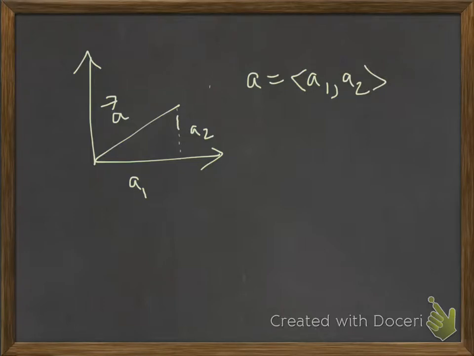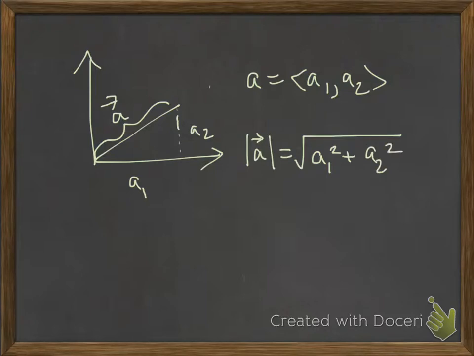Then we see that the magnitude, or the length, of that vector we can figure out from the Pythagorean theorem. The notation we use is the absolute value of that vector, and that's going to be equal to the square root of a1 squared plus a2 squared, just like we remember from a long time ago.